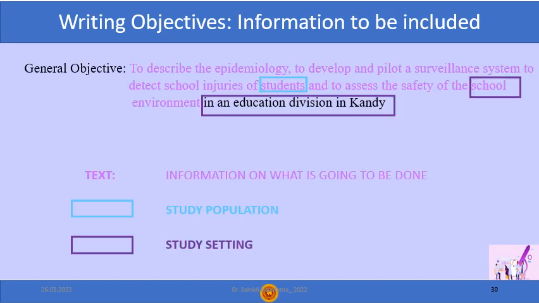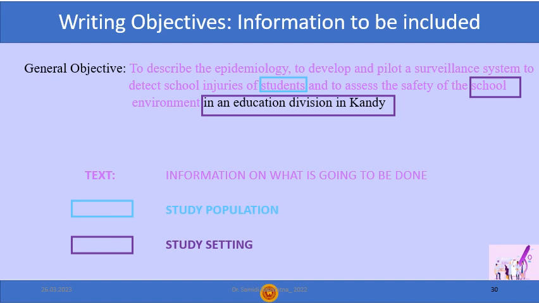So this is an example of how you can write an objective using all the information that we discussed so far. Let's say the general objective is to describe the epidemiology, to develop and pilot a surveillance system to detect school injuries of students, and to assess the safety of the school environment in an education division in Kandy.